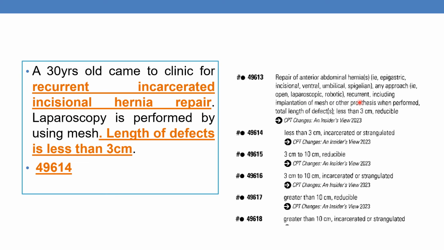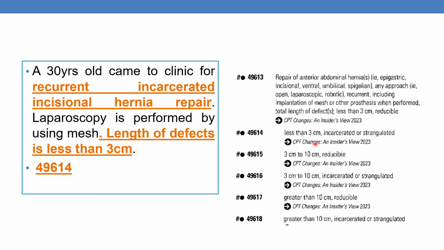Recurrent. Repair of anterior abdominal hernia, recurrent, including the implantation of mesh or other prosthesis when performed, and total length of the defect is less than 3 centimeters and it is reducible. In our case, the hernia is incarcerated. It is a recurrent incarcerated incisional hernia. Incisional is a type of abdominal hernia.